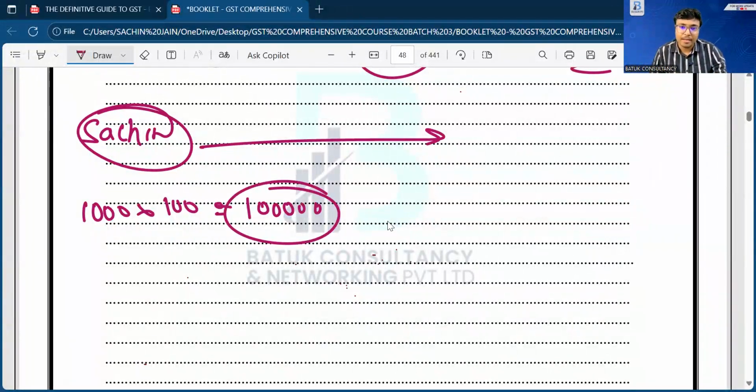Okay, now we have to determine the value of supply, because the point is that the same product is not available, this type of pen is not available in the market, the similar pen is also not available in the market. Okay, this is a unique one, so a similar product is also not available in the market. In that case, how will we decide the value?